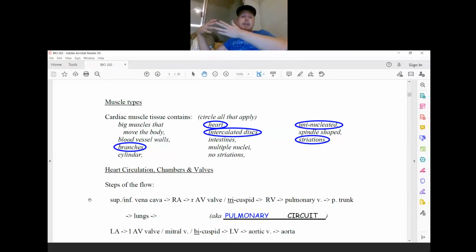That can be chemical substances, electrical impulses, or various different things. The function of these many branches and intercalated discs is that we want to be able to transmit these signals from one heart muscle cell to another, so we can coordinate them to function in unison, so that each heart muscle cell in that area contracts at the same time.